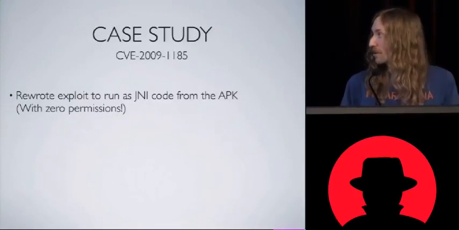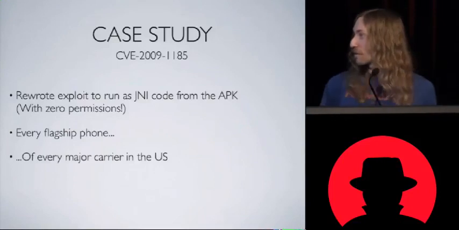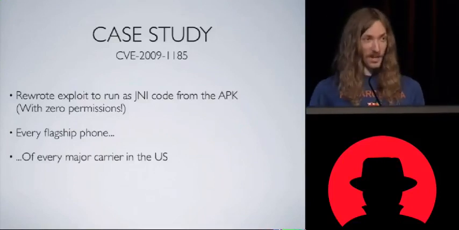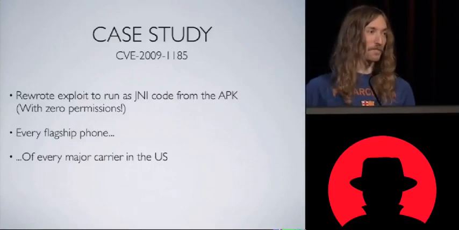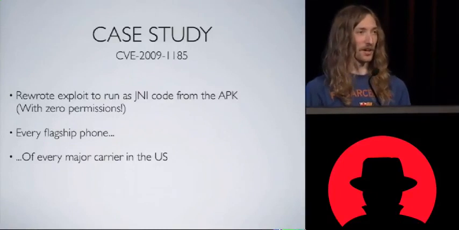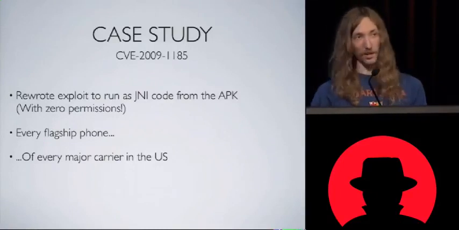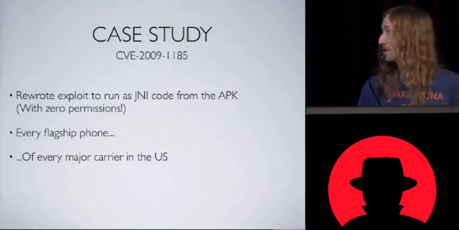What we found is that every flagship phone of every major US carrier to this day is vulnerable to this specific exploit. We installed this on the Evo 4G, Droid X, the Incredible, a lot of the latest and greatest phones that everybody wants.